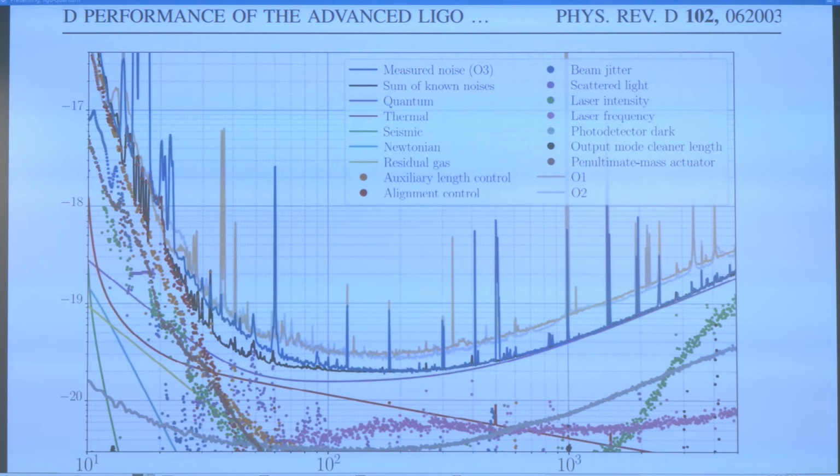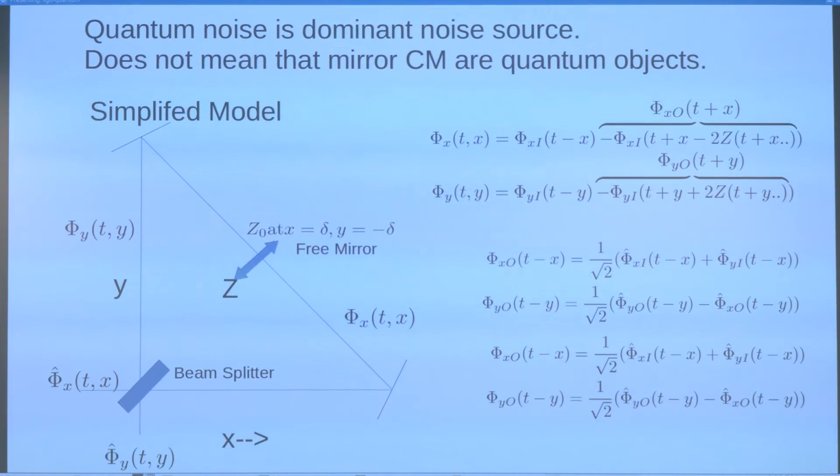The question is whether those mirrors are quantum. Those 40 kilogram mirrors, are they quantum? So let me build a much simplified model of this whole system. The laser interferometer, because it's looking out the dark port, is sensitive to differential motion of those two mirrors, of the order of 10 to the minus 21 meters.